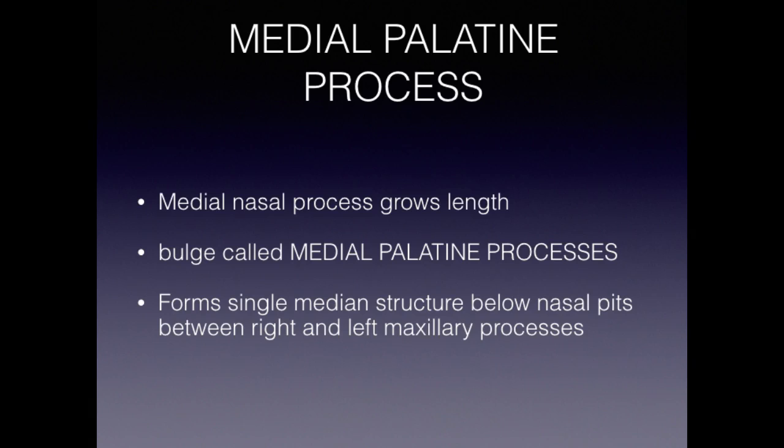The medial nasal process is going to grow in length, and there'll be an additional bulge at the bottom of it growing inward toward the stomodium, called the medial palatine process. This forms a single structure just below the nasal pits and between the maxillary processes left and right.